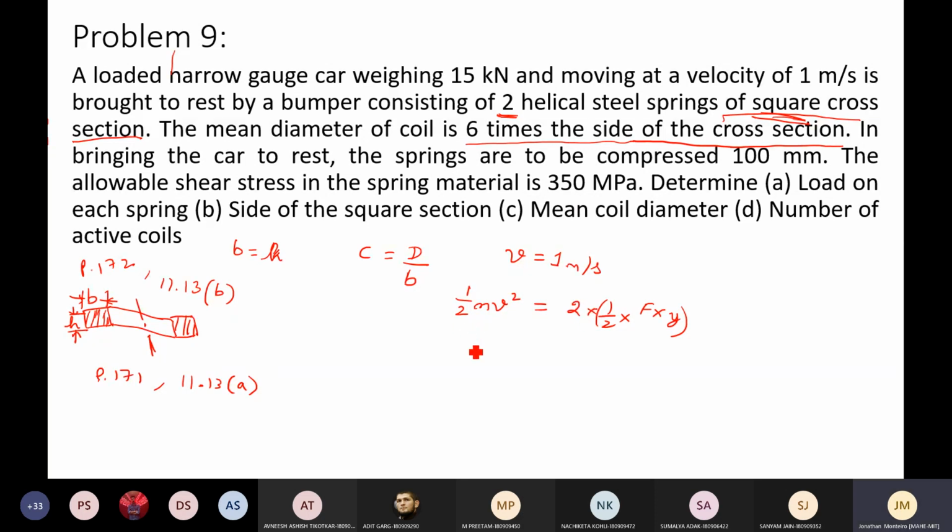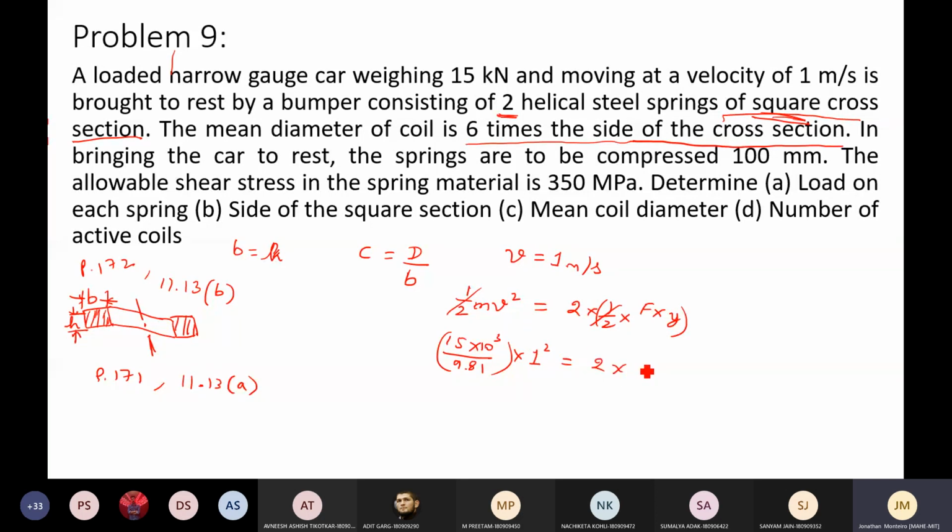We can cancel out what we can. Anyway, we are not going to use the energy equation again, so we need not be bothered about how much the total energy comes out to be. I'll directly cancel half and half. So mass is 15 into 10 power 3 by 9.81, multiplied by 1 squared, which doesn't make any difference. Remember, you are solving this in SI units, mass in kg and velocity in meters per second.